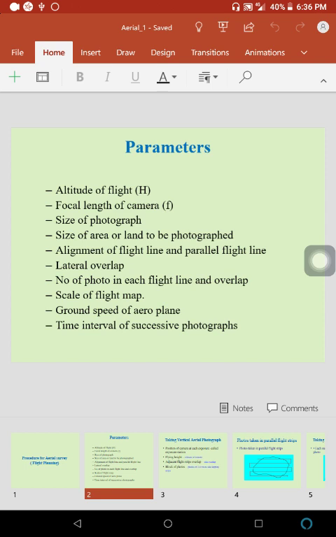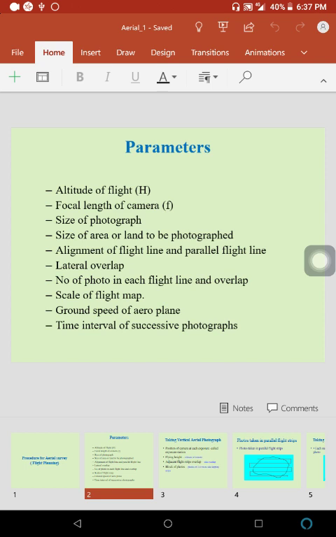If the aircraft is moving with a speed of say 500 kilometers per hour and the headwind is blowing with a velocity of 50 kilometers per hour, then the ground speed will be 500 minus 50, that is 450 kilometers per hour.